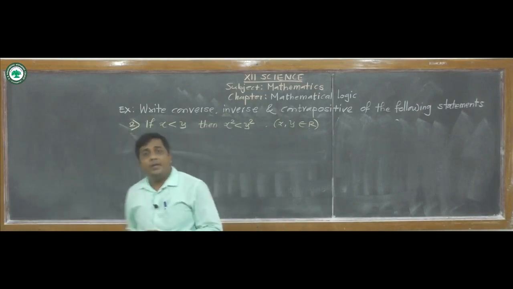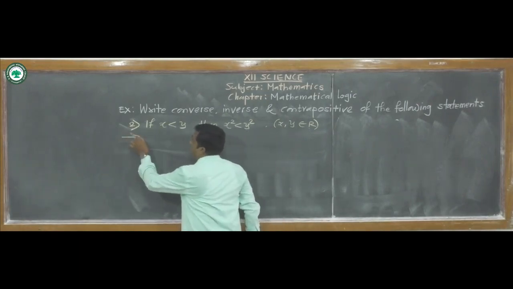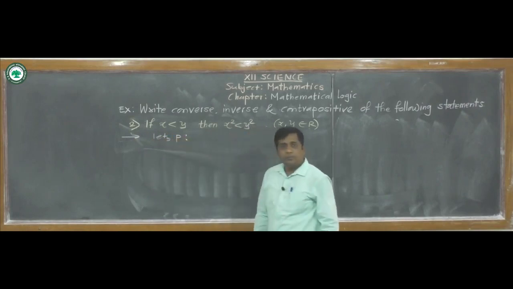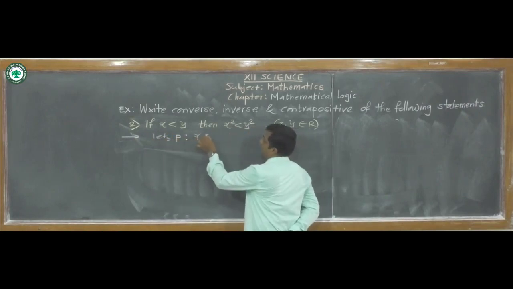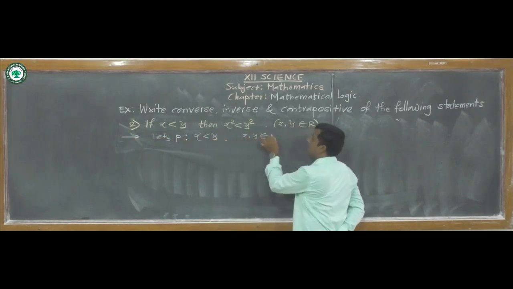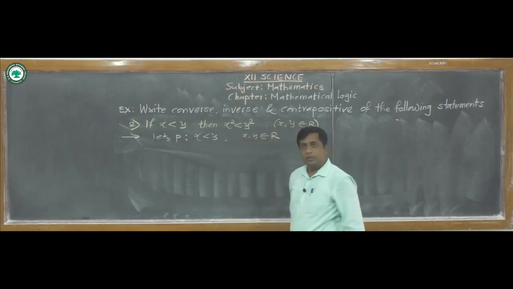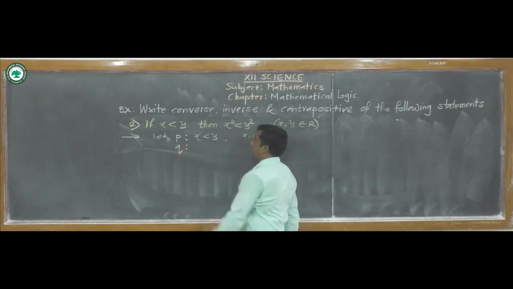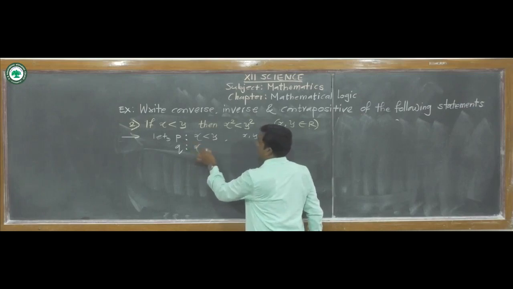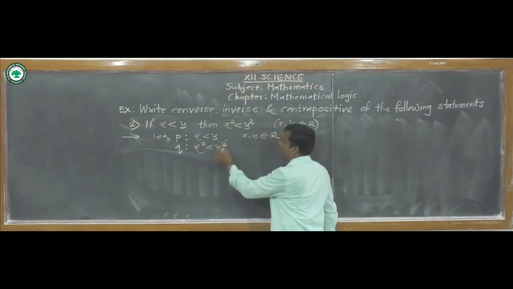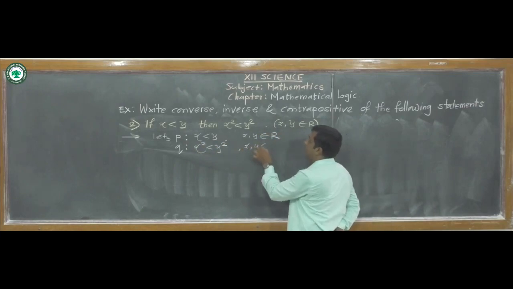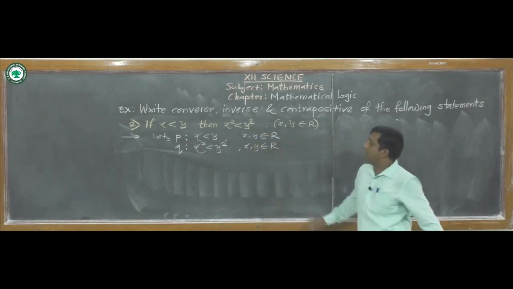So we define P and Q first. Let P be the first statement, x is less than y, where both x, y belong to R. Then Q is x square is less than y square, where again x, y belong to R, that is, real numbers.